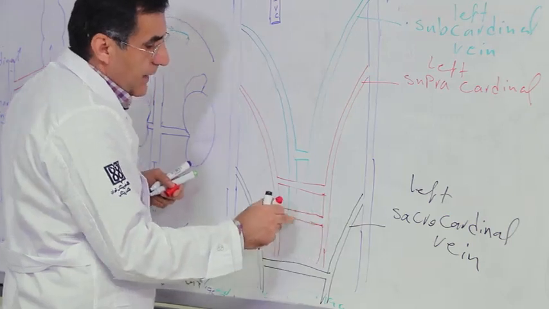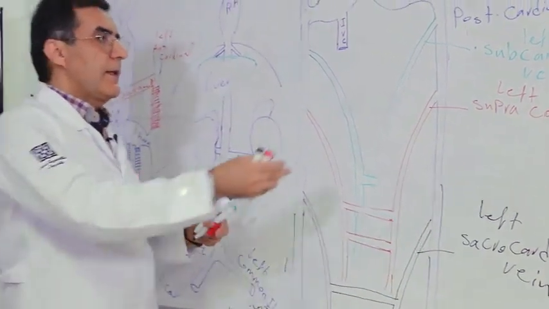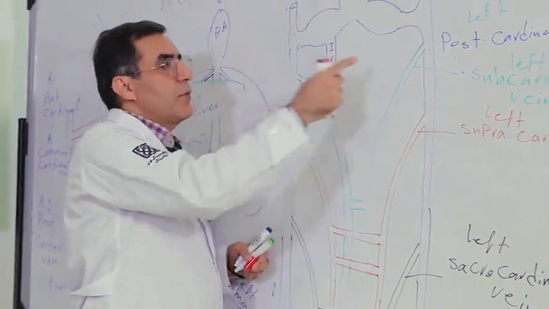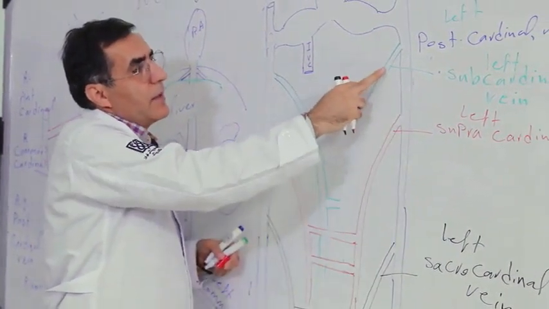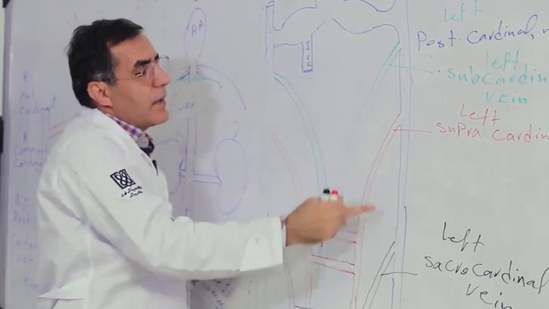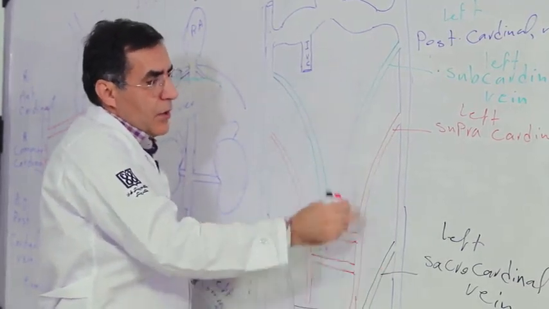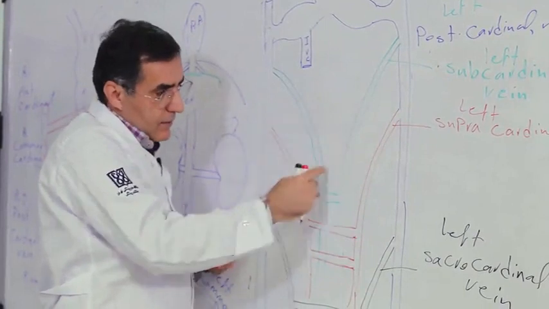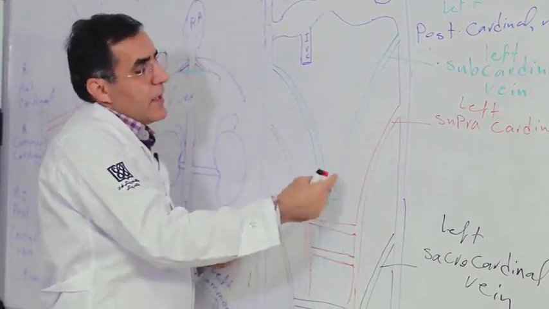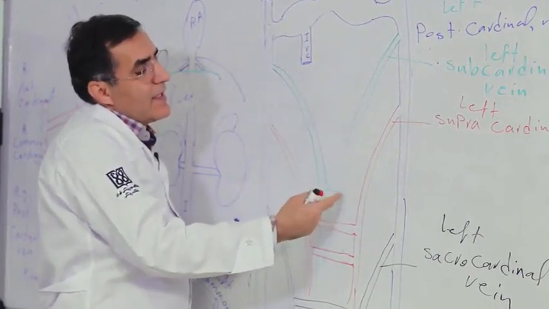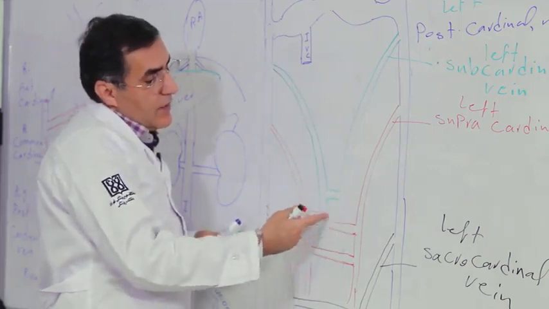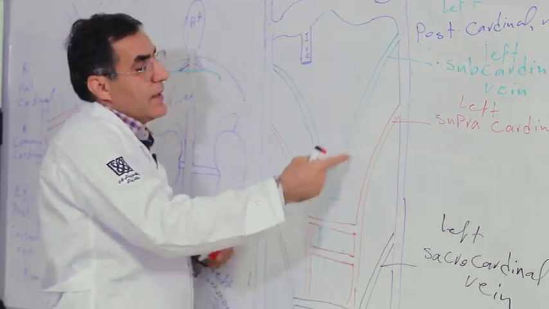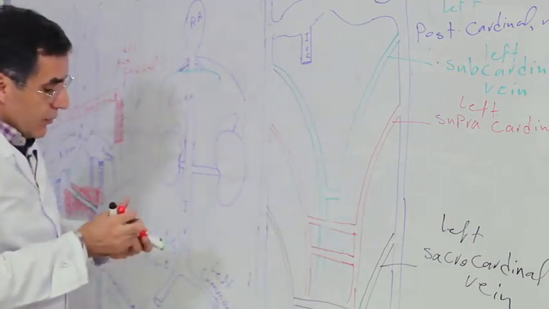Okay, now I repeat again. The new veins form from the posterior cardinal vein. On each side there is one subcardinal, one supracardinal, and one sacrocardinal. Usually these veins on both sides have a communicating or anastomotic vein connecting them together.